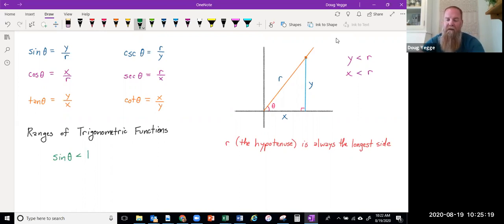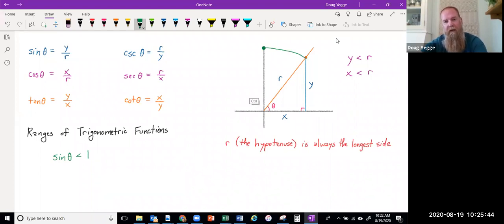But let's be very careful, because what if we were actually on this quadrantal angle? On this angle, notice that Y is 0 and R is 1 still, which implies that sine theta is 0. That would make sense. But what if this angle ended up becoming 90 degrees?